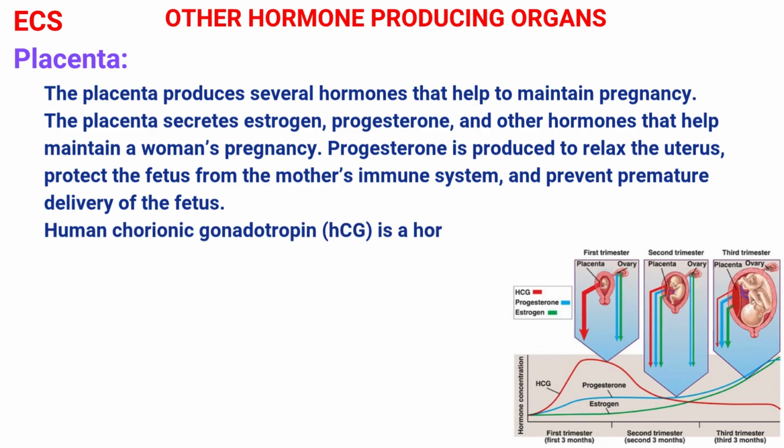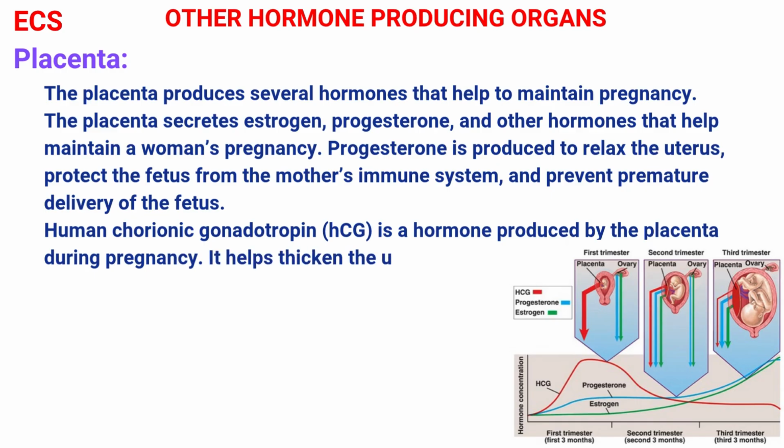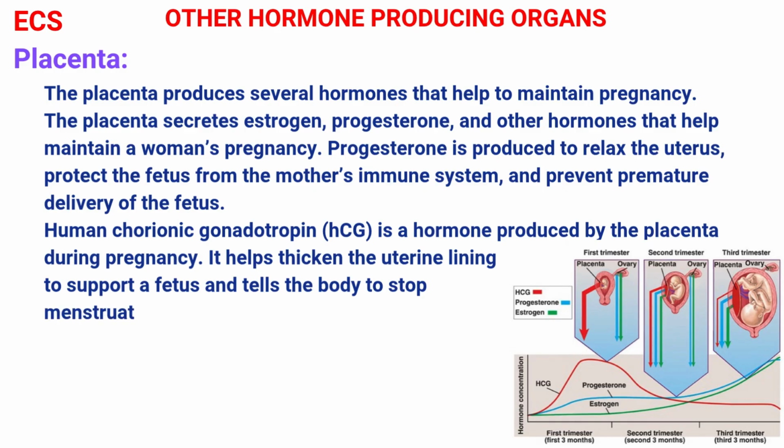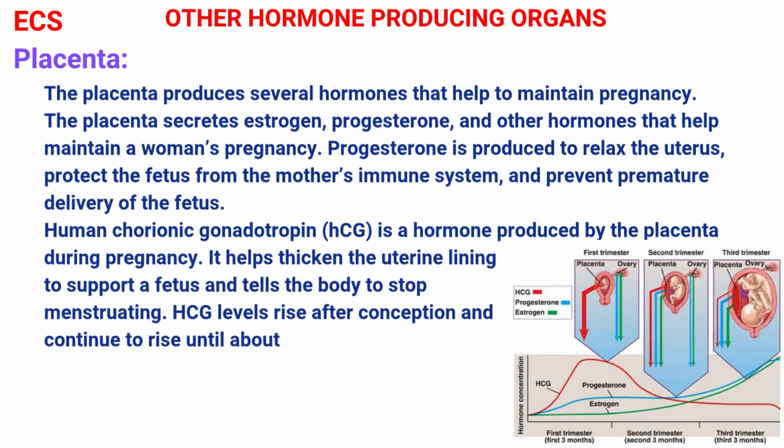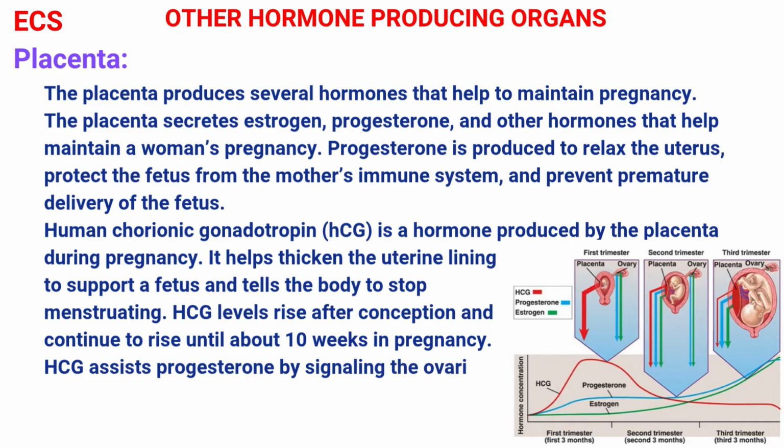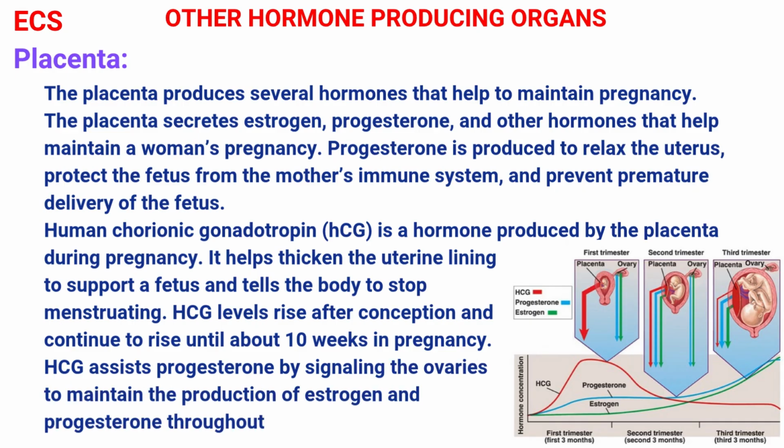Human chorionic gonadotropin is a hormone produced by the placenta during pregnancy. It helps thicken the uterine lining to support a fetus and tells the body to stop menstruating. HCG levels rise after conception and continue to rise until about 10 weeks in pregnancy. HCG assists progesterone by signaling the ovaries to maintain the production of estrogen and progesterone throughout the pregnancy.